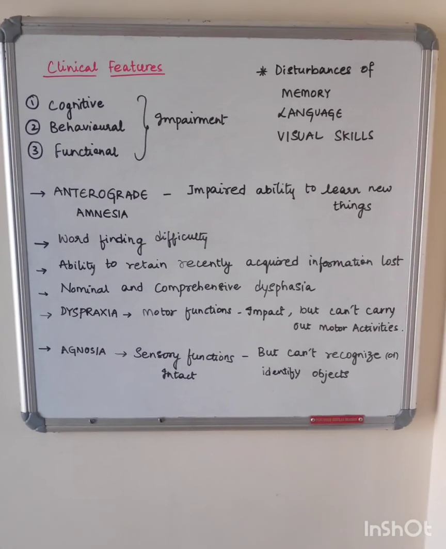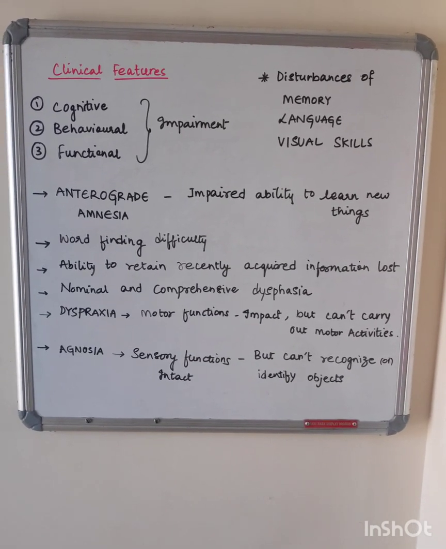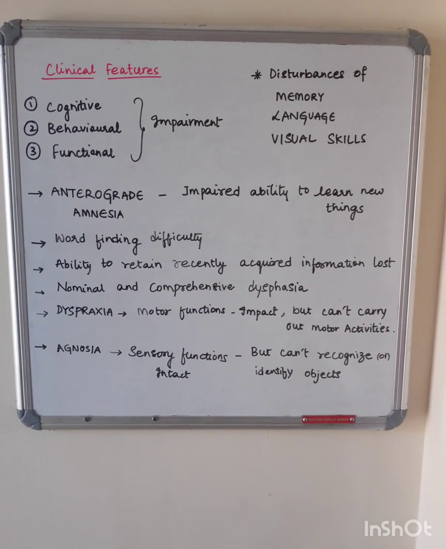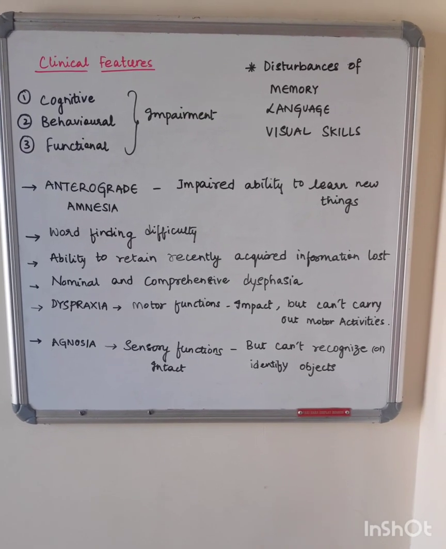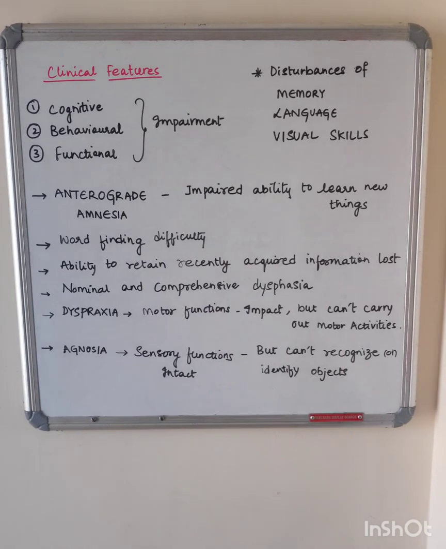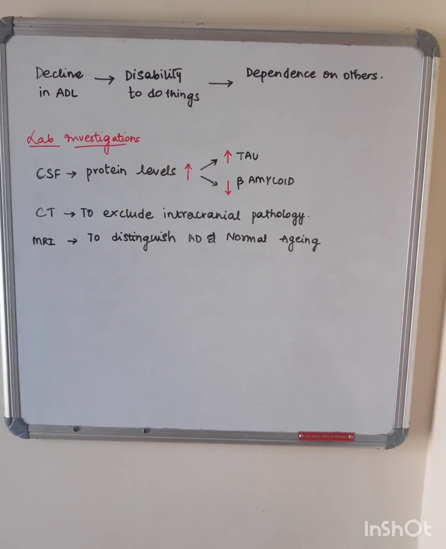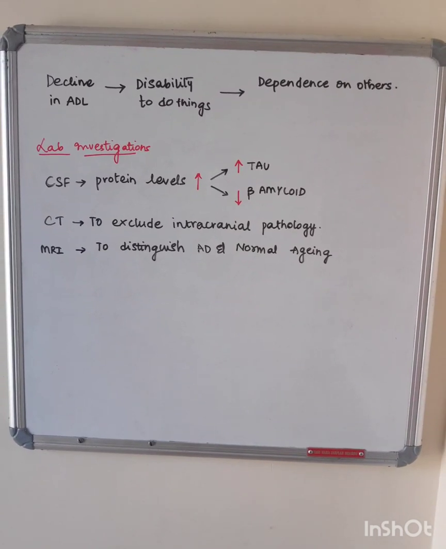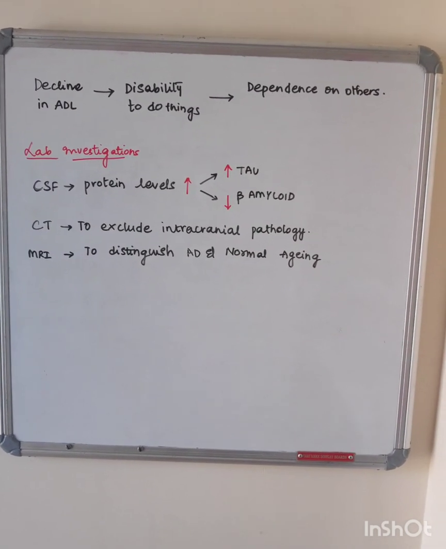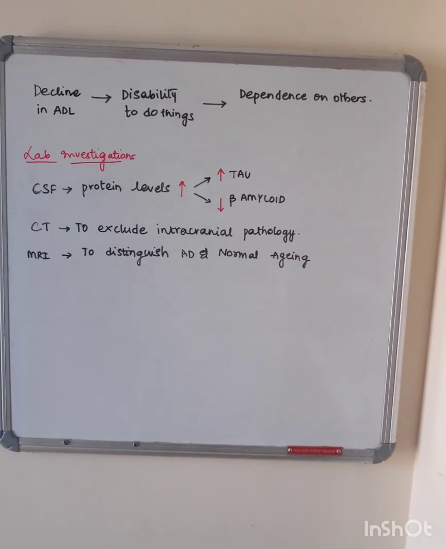Dyspraxia: they cannot carry out motor activities, even though the motor functions are intact. And agnosia is with the sensory functions. They cannot recognize or identify objects, but the sensory functions are intact. And we can also see decline in the activities of daily life, which gradually leads to disability to do things and dependence on others.